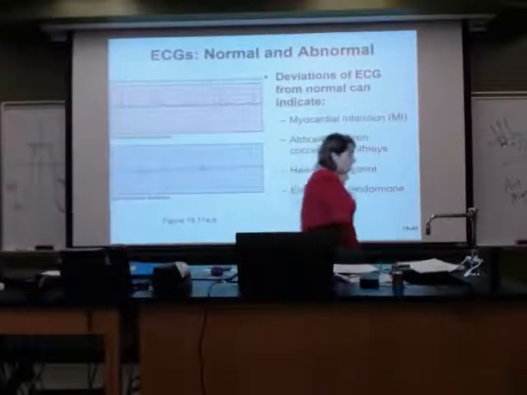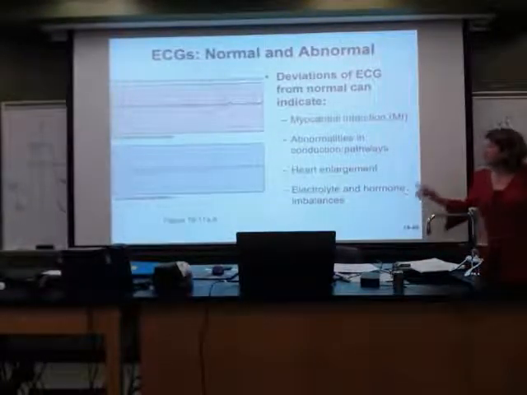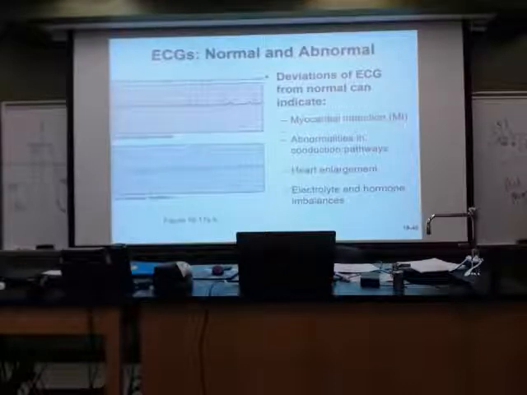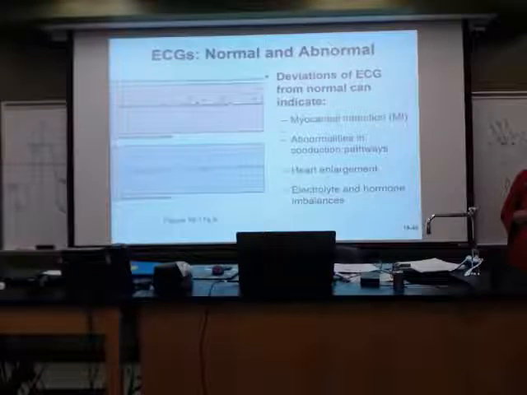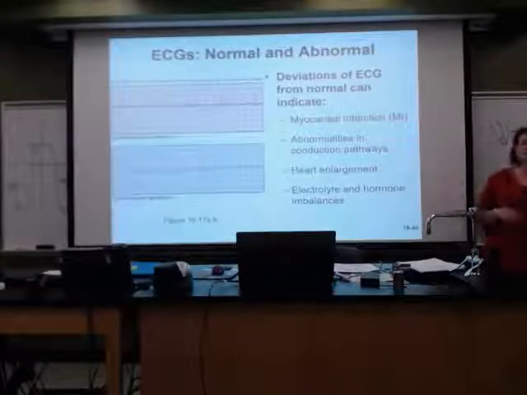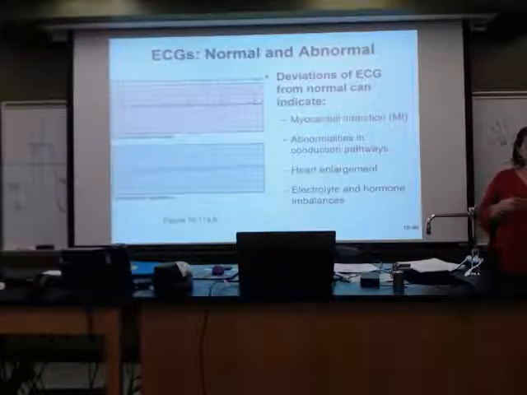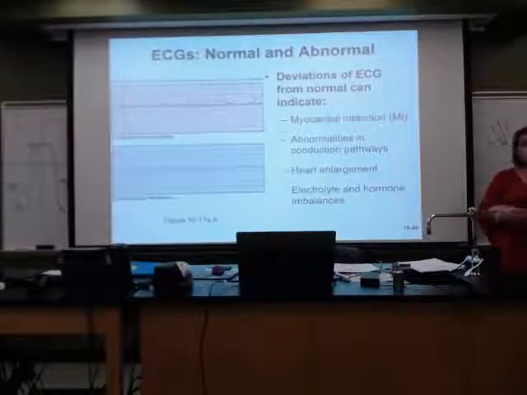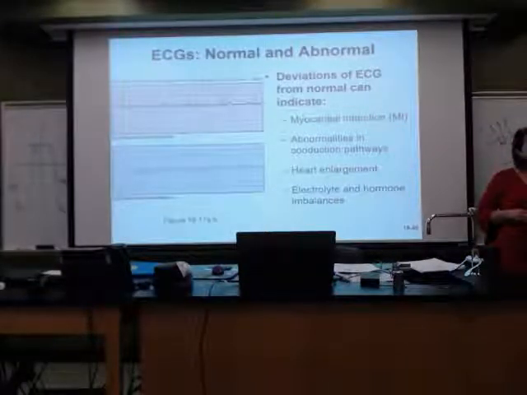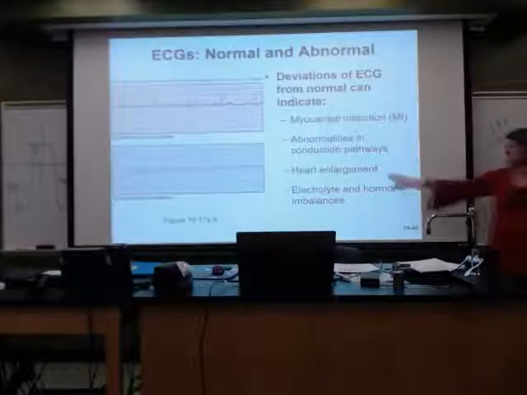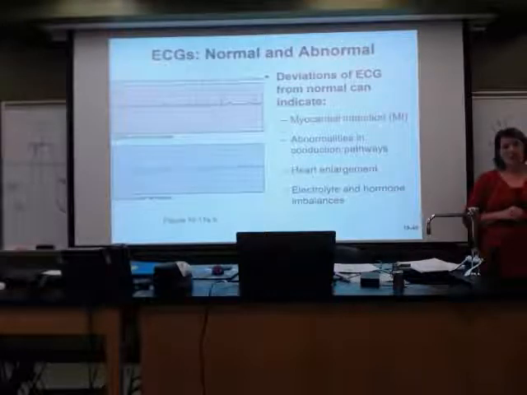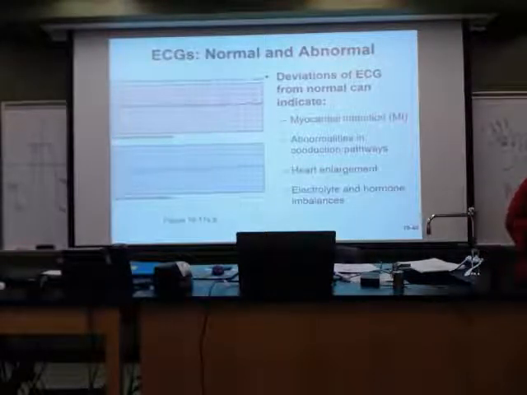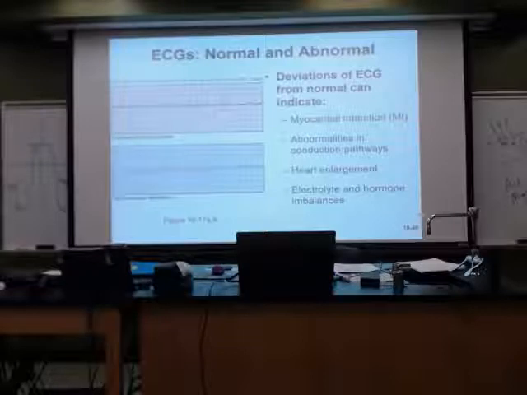Some things that can make the ECG abnormal, of course, a heart attack. Anything that's in those pathways, from the SA node to the AV node to the bundle of His to the Purkinje fibers. Heart enlargement, which would deal with a lot of diseases that could happen in the body.